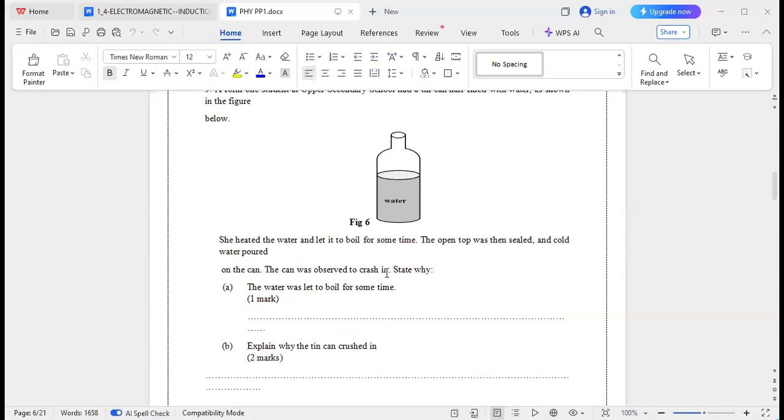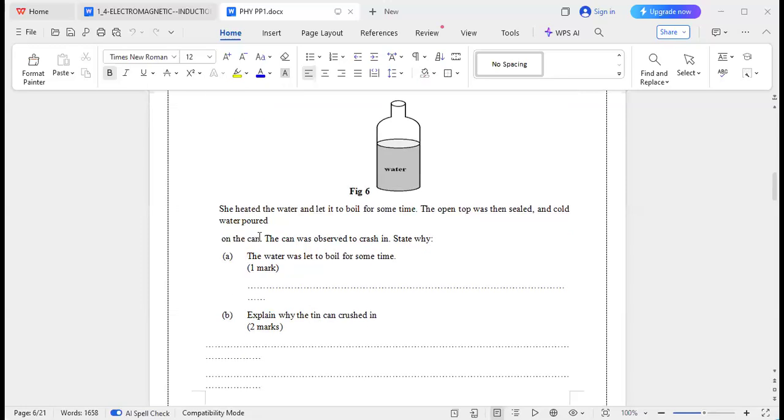The can was observed to crash in. State why the water was let to boil for some time. The reason for boiling the water is to expel air from the can. Steam will be produced, then that steam expels air.